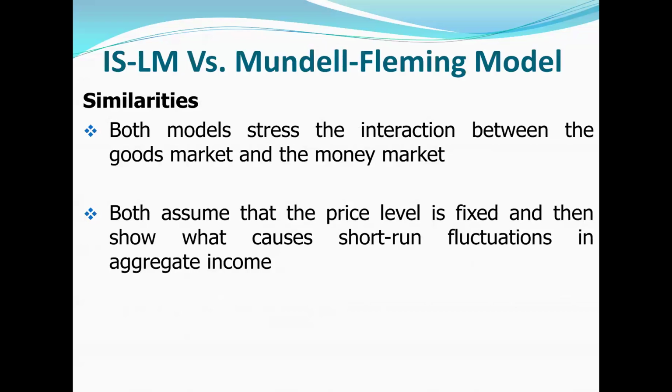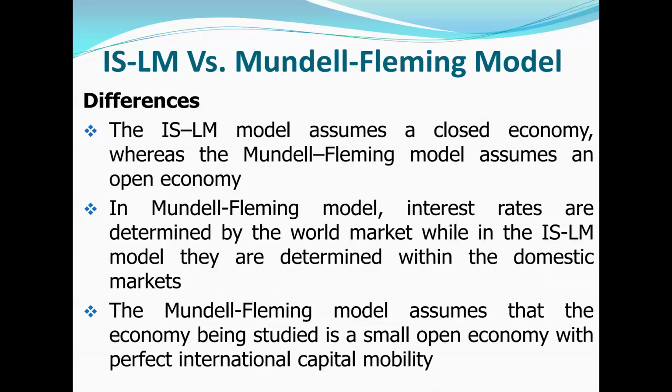I've said that the similarities are that both models stress the interaction between the goods market and the money market. And in both, prices are fixed in the short run. The difference is that the IS-LM model assumes a closed economy, while the Mundell-Fleming is an open one.